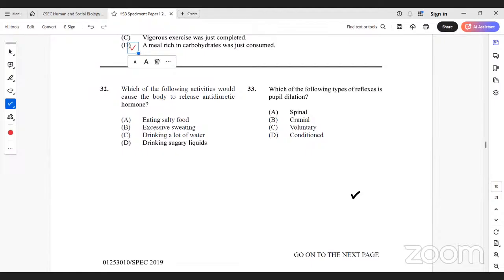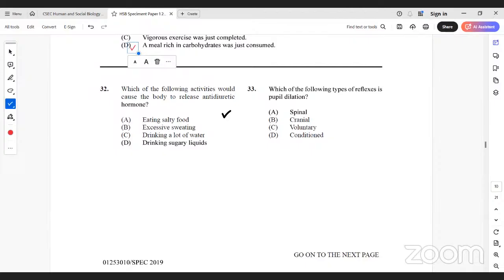Which of the following activities would cause the body to release antidiuretic hormone? ADH, you may know this abbreviated as ADH, antidiuretic hormone. This is to help with the conservation of water. It acts on the loop of Henle in the kidneys.